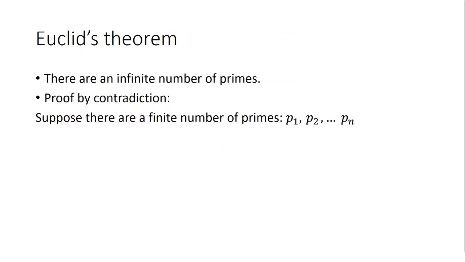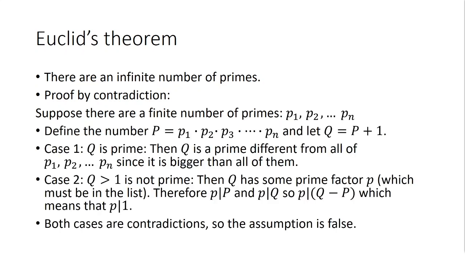We have seen Euclid's theorem. This one tells you there is an infinite number of primes. We can prove this using contradiction. Suppose there is a finite number of primes, p1 through pn.